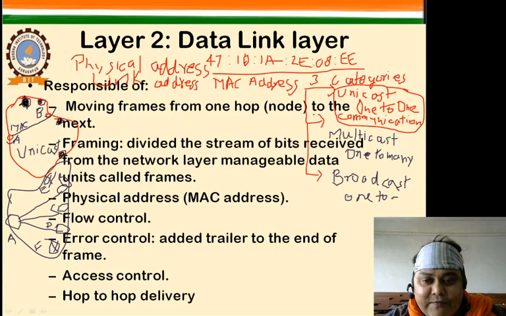So if we are going to draw this architecture, how will it look? Like this way, this way, this way. So communication is established from one to all.